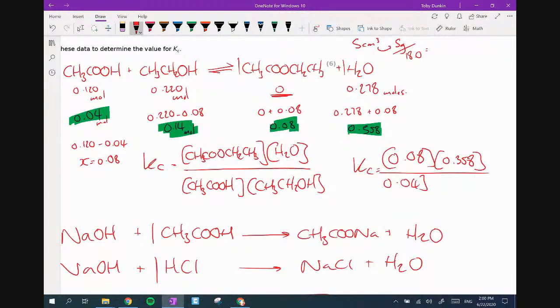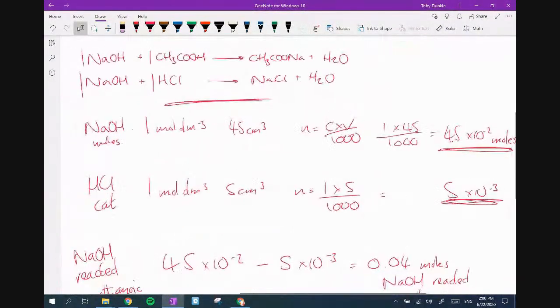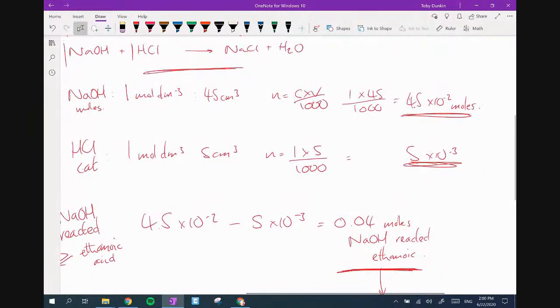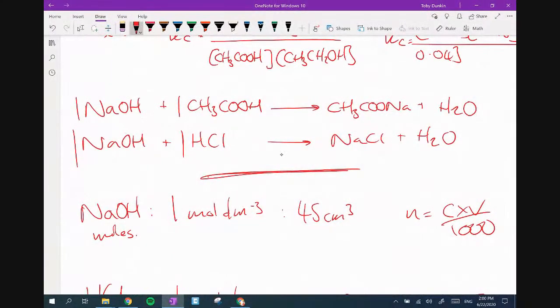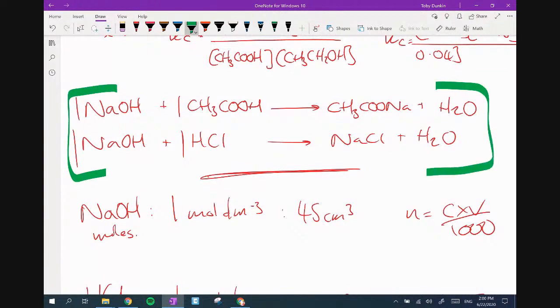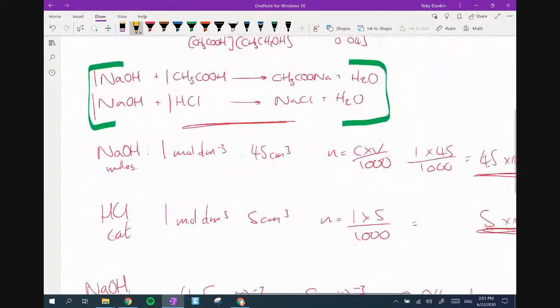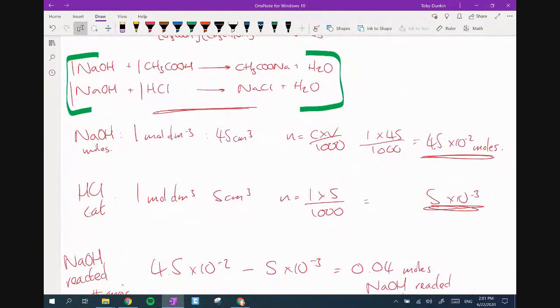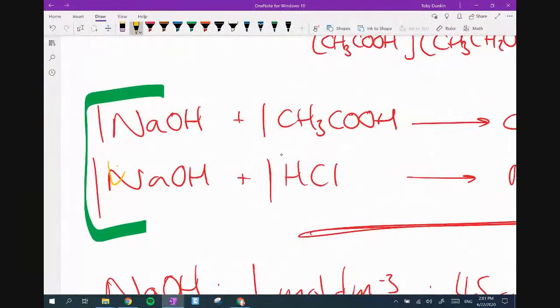How does the minusing give the moles reacted with ethanoic acid? The reason why it does that, Ivan, is because the sodium hydroxide was reacting with these two, I gave you both equations. Those are the two things that are reacting with it. We just worked out that we had a total of sodium hydroxide of 4.5 times 10 to the minus 2.